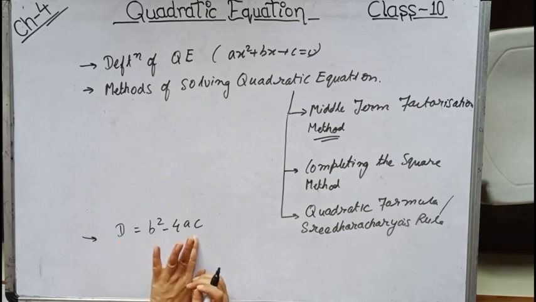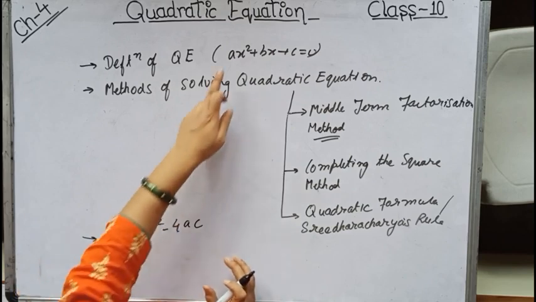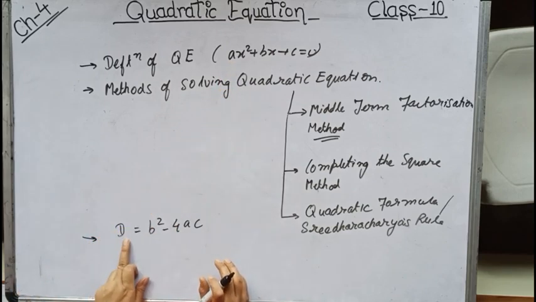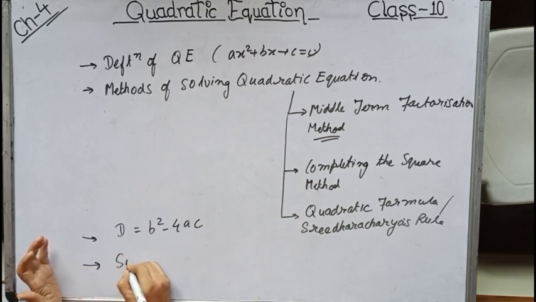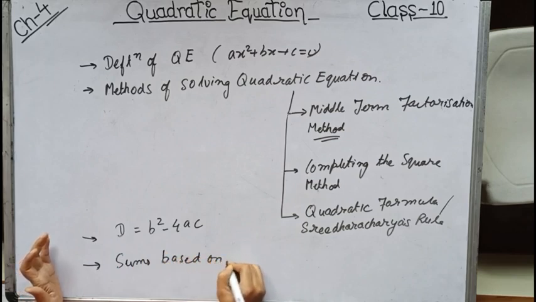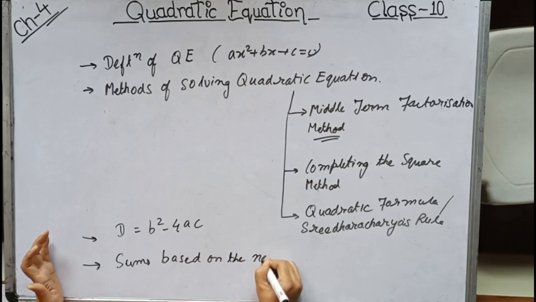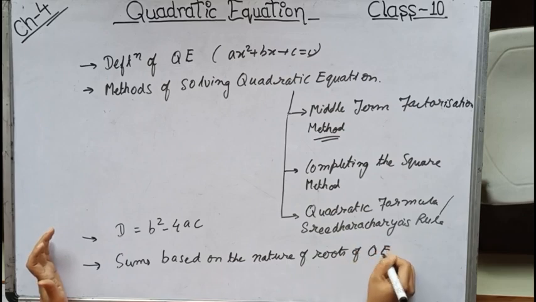The value b square minus 4ac is called the discriminant, and the third topic which we will study is the nature of the roots of this quadratic equation depending on the discriminant. Based on this discriminant we will get more questions, sums based on the nature of roots of quadratic equation.